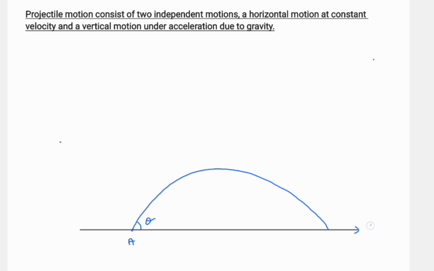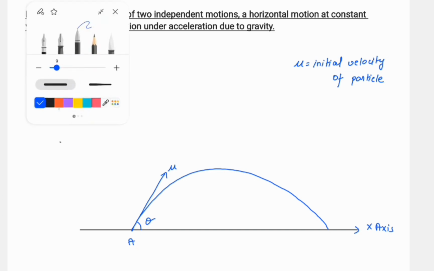I am naming this as the x-axis. When I have thrown the particle from point A, the initial velocity of the particle was u. What is u over here? u is the initial velocity of the particle.